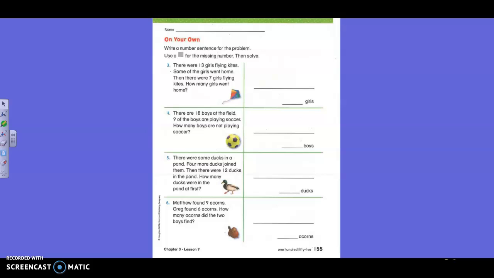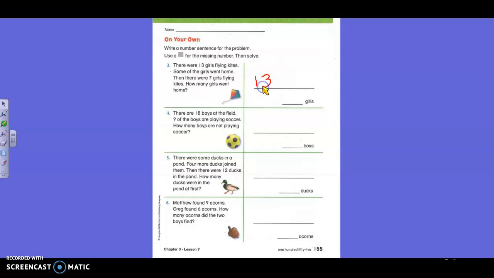There were 13 girls flying kites. Some of the girls went home. Then there were 7 girls flying kites. How many girls went home? Okay, in order of the problem, what would you say is the first number? 13.